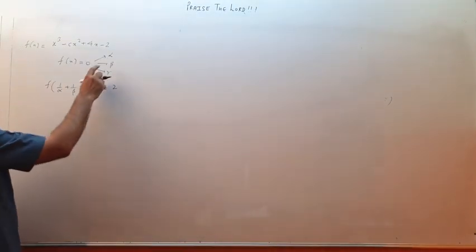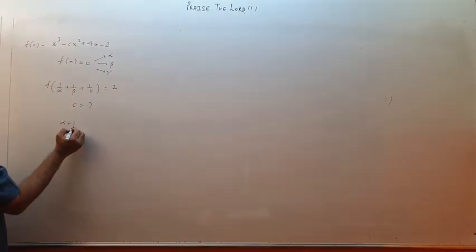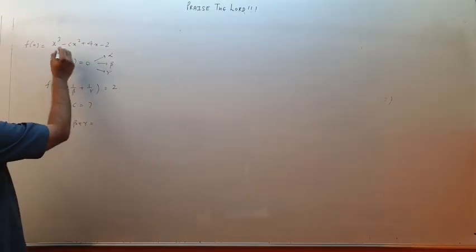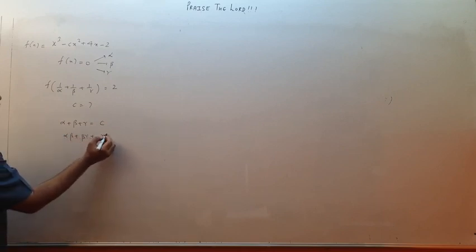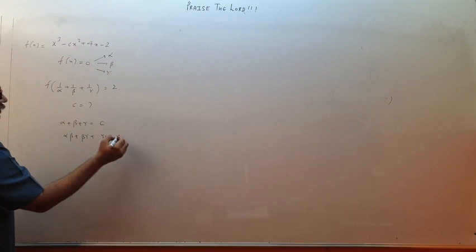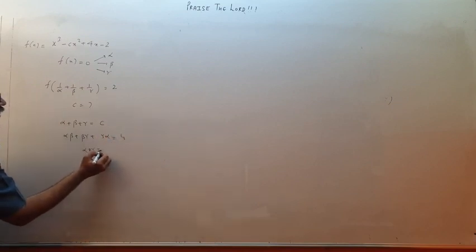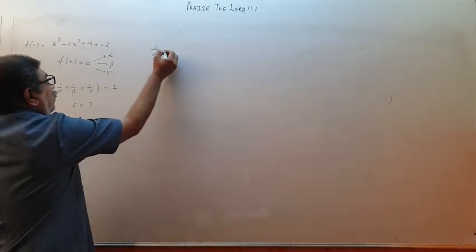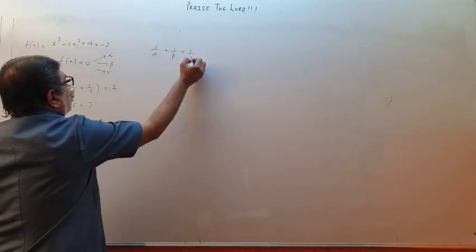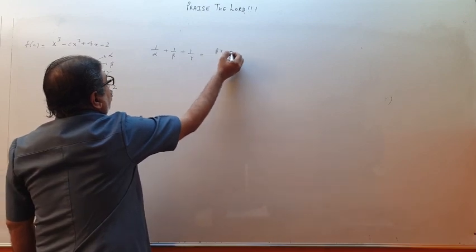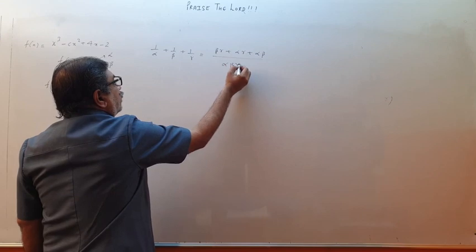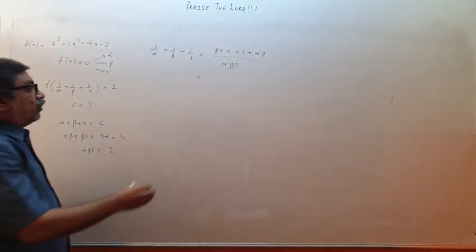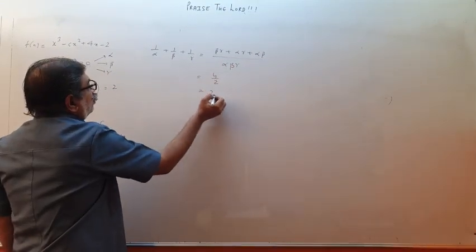Okay, first of all, alpha, beta, gamma are roots of this, so alpha plus beta plus gamma will be c. Alpha beta plus beta gamma plus gamma alpha will be 4. And alpha beta gamma will be 2. So 1/alpha plus 1/beta plus 1/gamma means (beta gamma plus gamma alpha plus alpha beta) upon alpha beta gamma, and that is 4 upon 2, and that is 2.